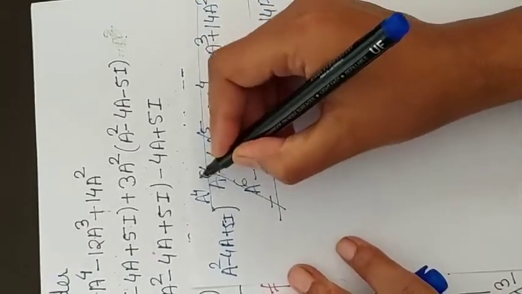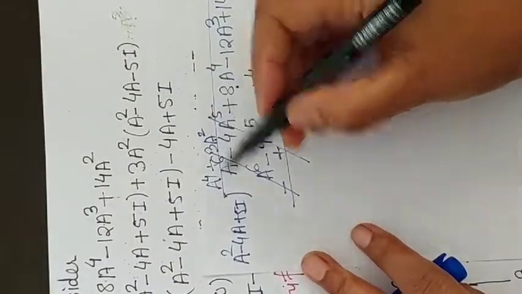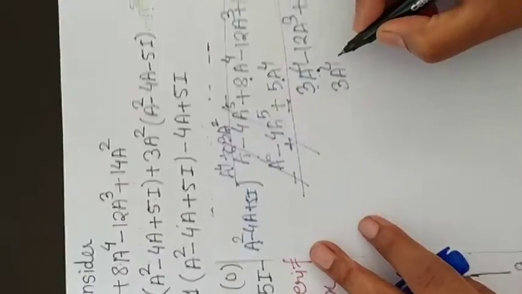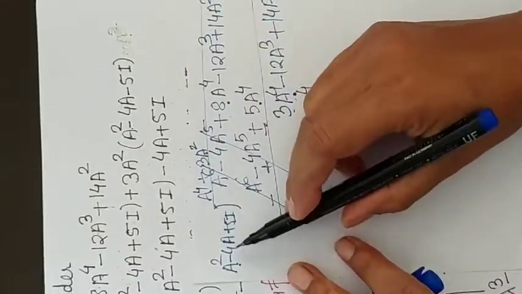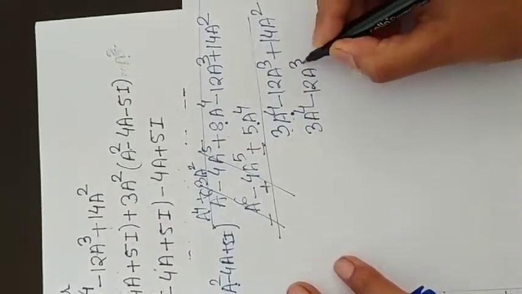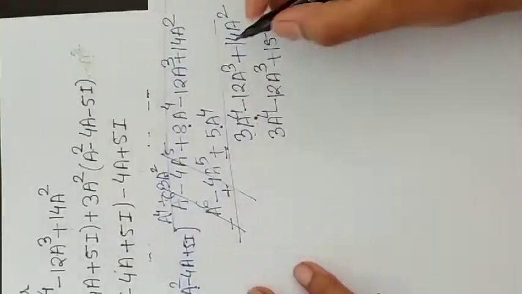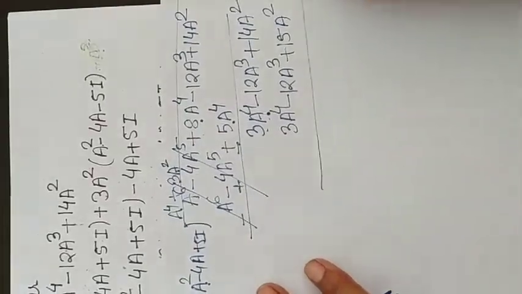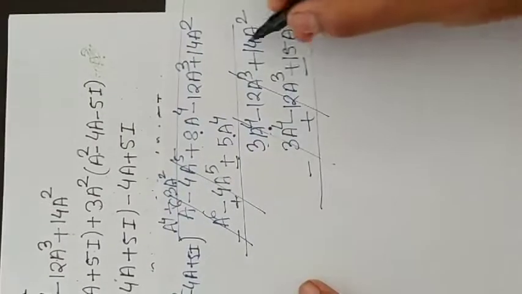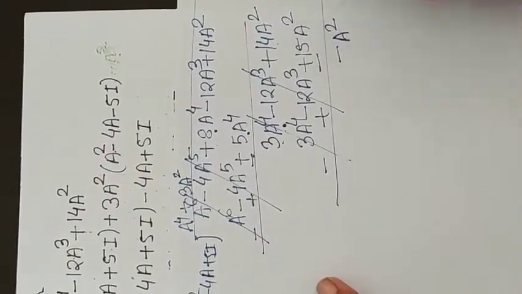For this we multiply by 3A square. 3A square into A square is 3A to the power 4. Multiply with the remaining ones: plus 3 into minus 4 is minus 12, A square into A is A cube, so minus 12A cube. Next 3 into 5, 15, I into A square, A square. Subtract. So this gets cancelled. Plus 14 minus 15 is minus 1 times A square.